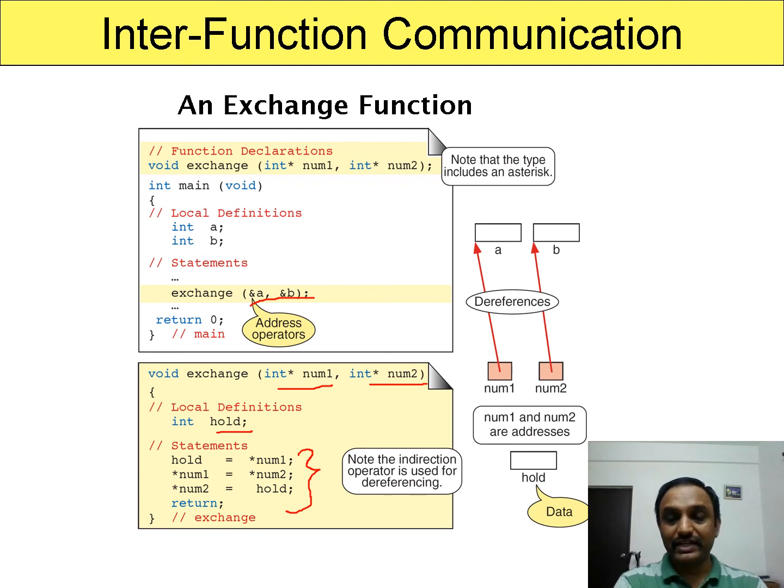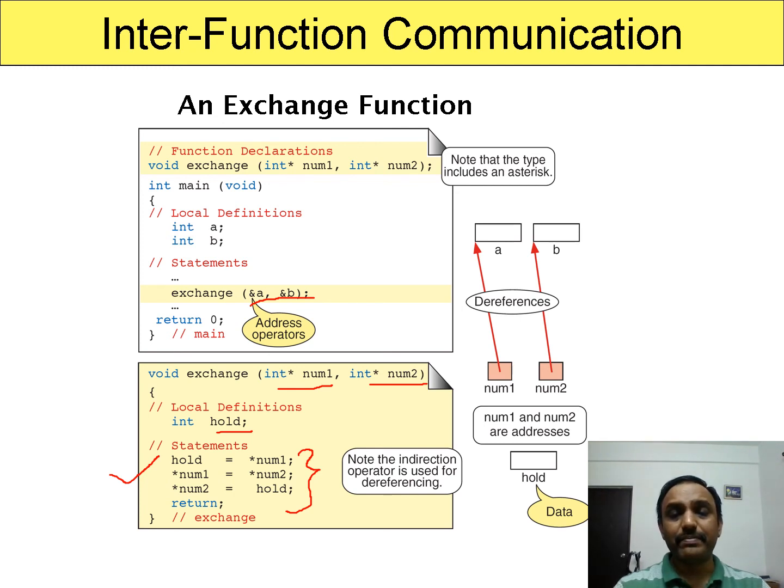That one we are assigning to hold. So the value at B you are assigning to the value at A by using star num1 equal to star num2. Later, hold previously contains the A value, that one is assigned to B. Like that we can perform the swap operation, and the modifications which take place in the function definition are reflected in the calling function also.